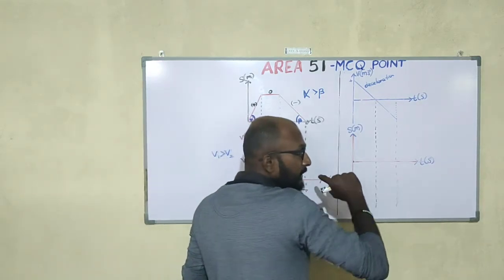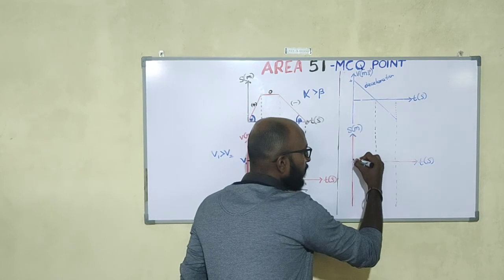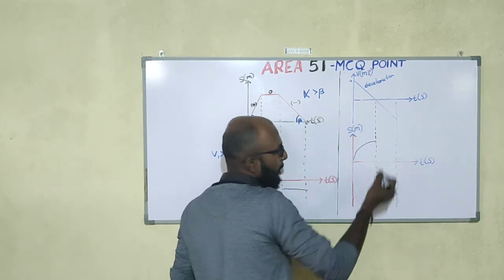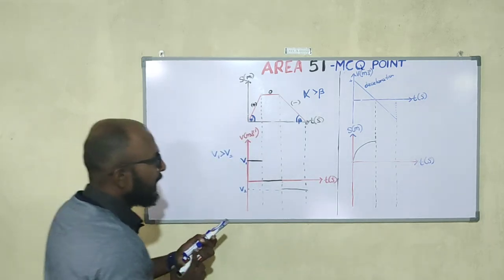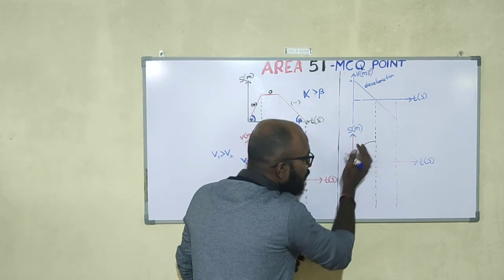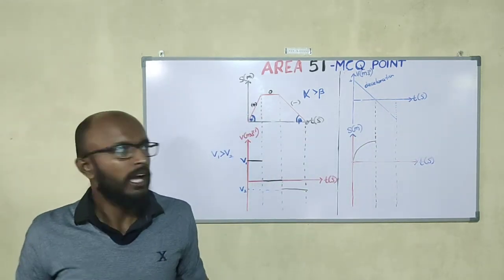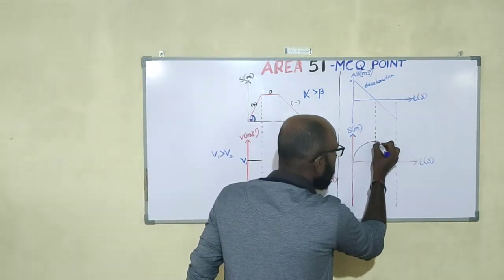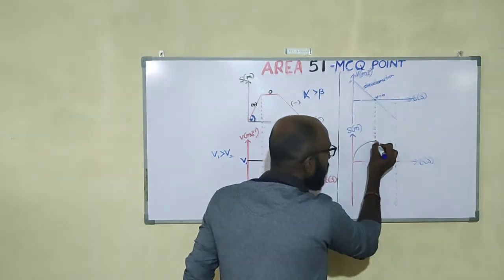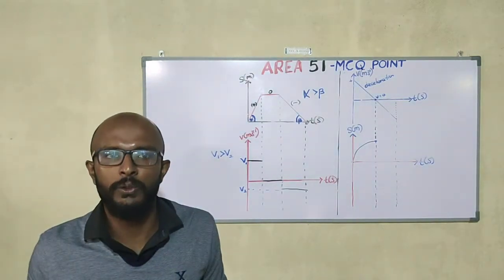If the gradient is decreasing in a graph, that should be a curved graph. So you can see initially there is a higher gradient, and when it is moving to there, the gradient is going to decrease. And here the velocity is 0, so definitely at that point the gradient should be 0.